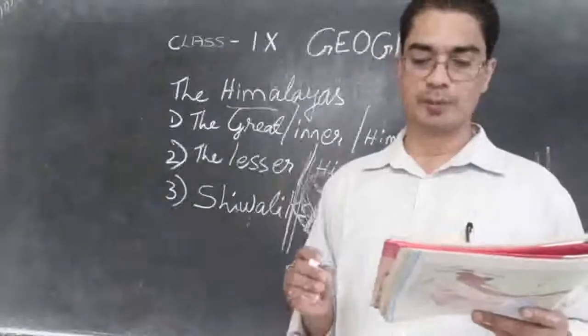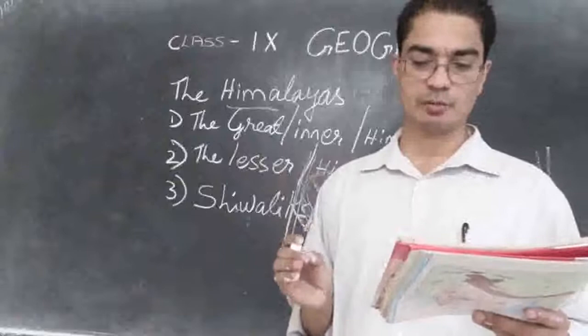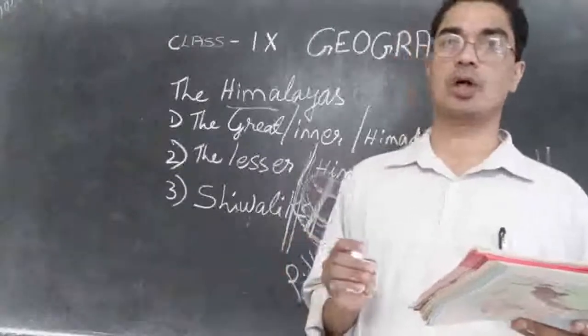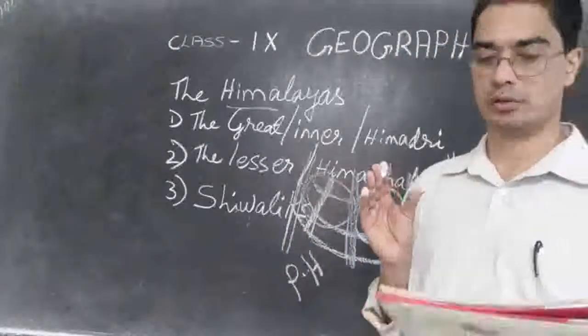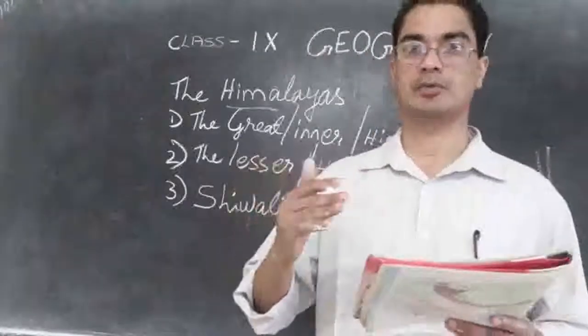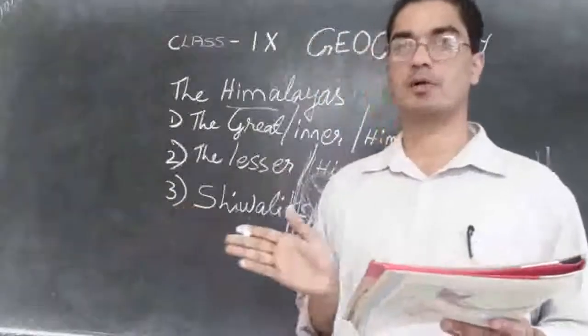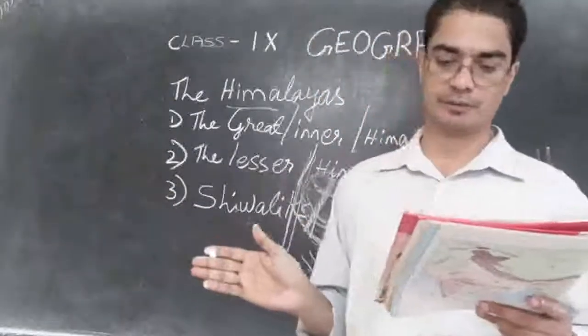The Himalayas bend sharply to the south and spread along the eastern boundary of India. So, after reaching this Dihang gorge, the Himalaya is bending sharply. So long it was going like this, then it is bending and moving towards the east.